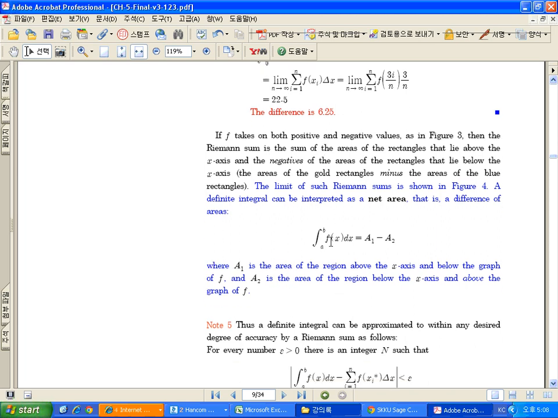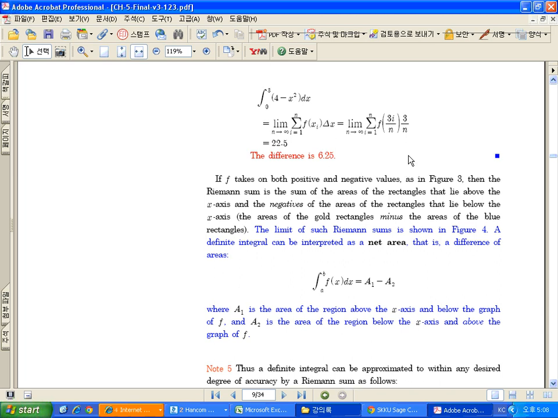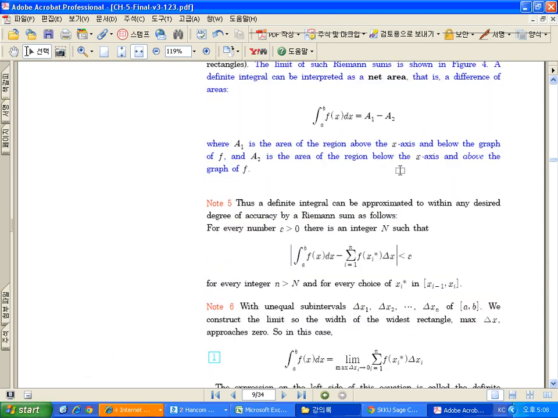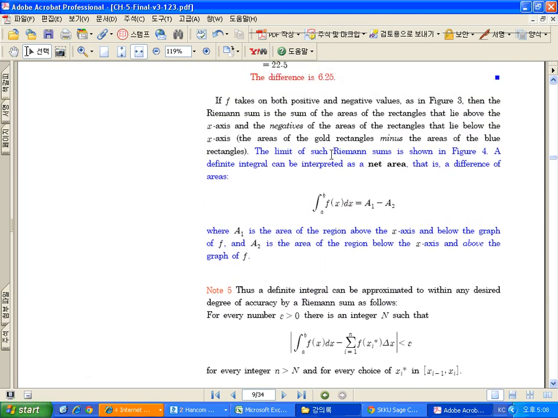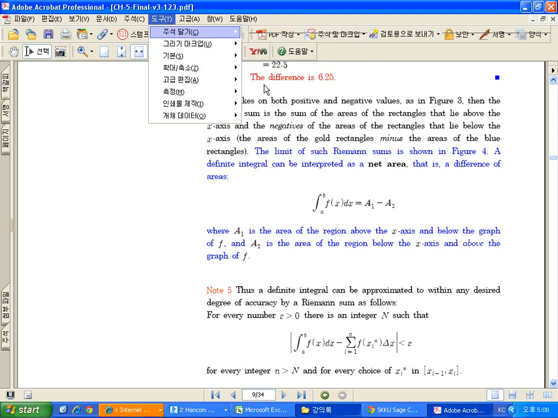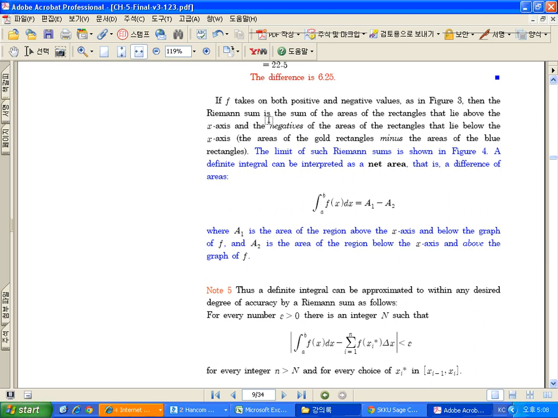Anyway, if f takes both positive and negative values, as in figure 3, then we have a negative area, so we should subtract the negative area from the upper positive areas to get the net area.